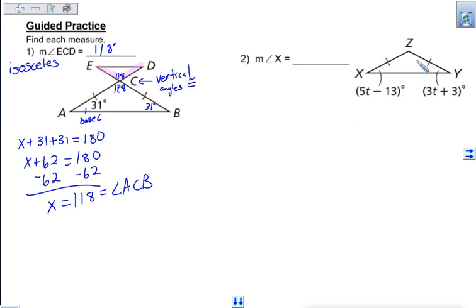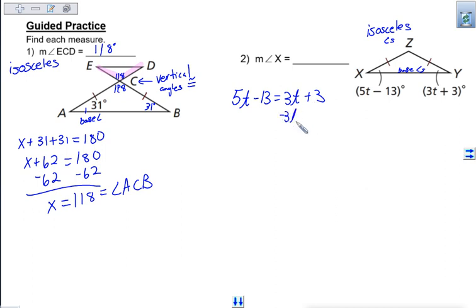Number 2, we have, again, an isosceles triangle. And we have information about angles, and these are the base angles. And we know that base angles are congruent, so we can set these equal to each other. 5t minus 13 equals 3t plus 3.